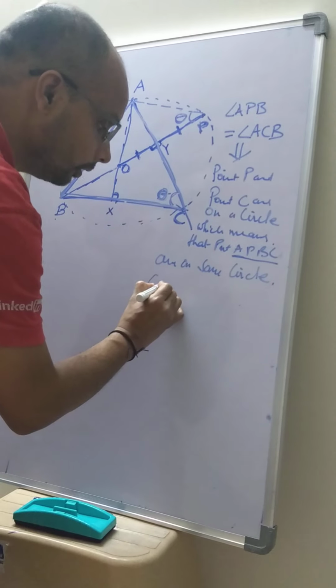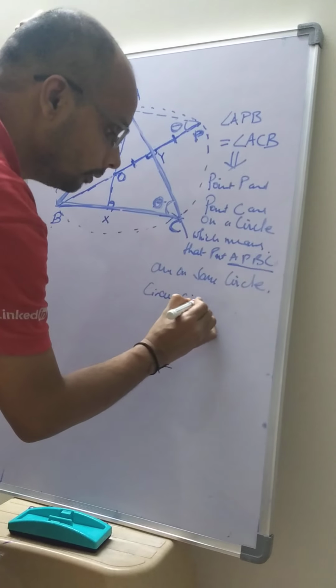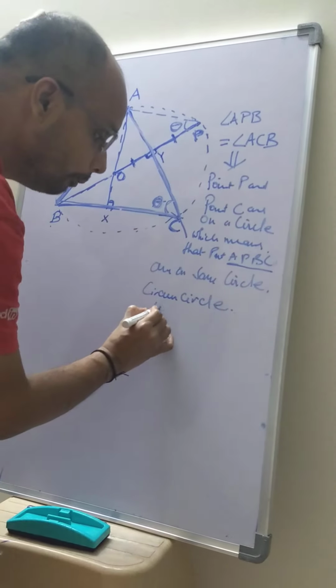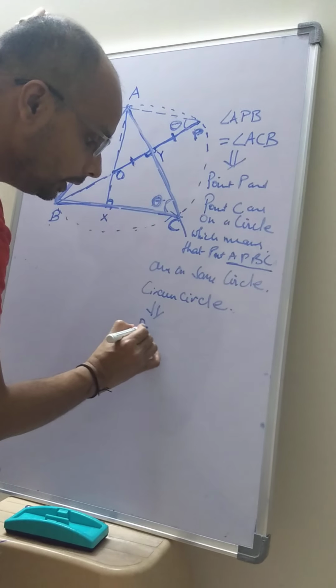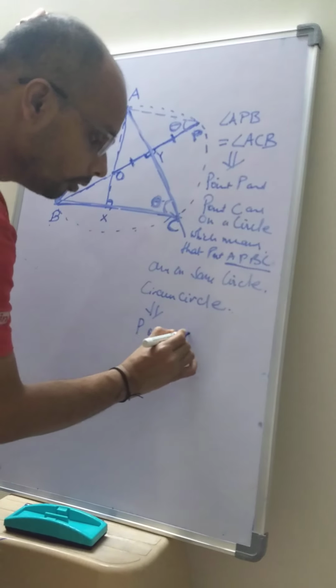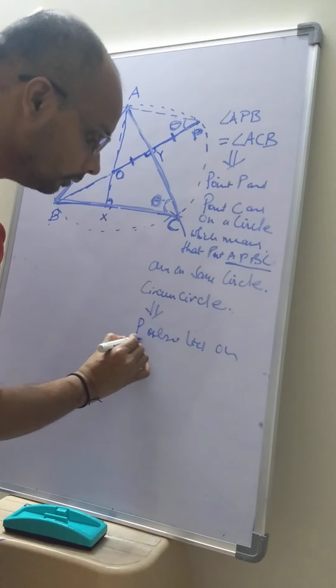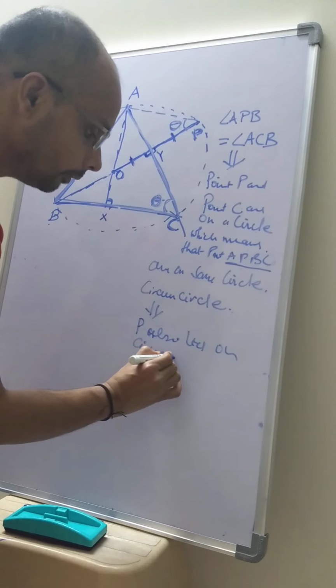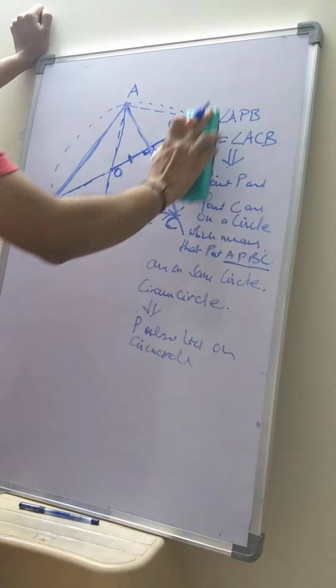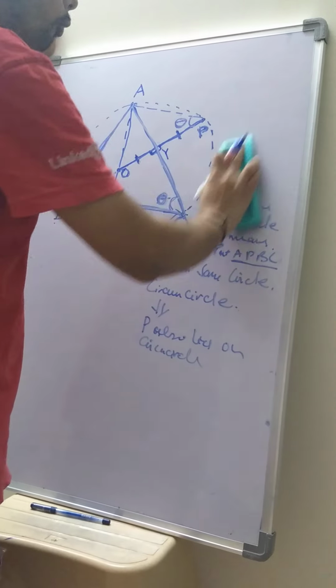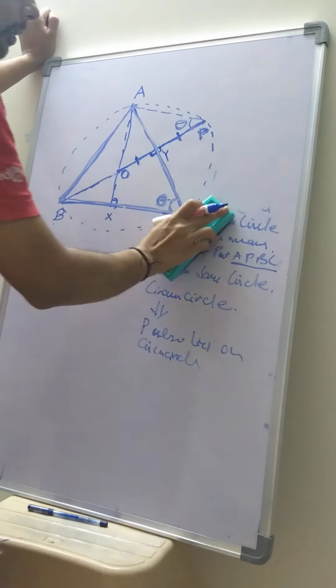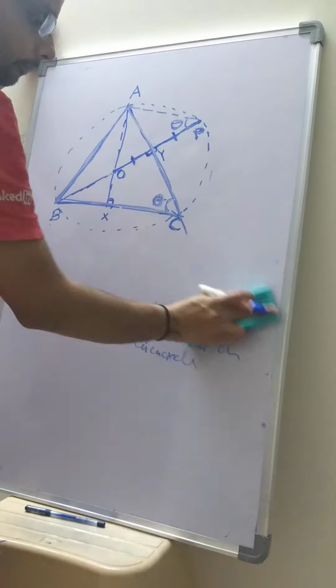That is the circumcircle. And hence you will be able to prove that point P also lies on the circumcircle. So now you have to just focus on proving this is theta, this is theta.